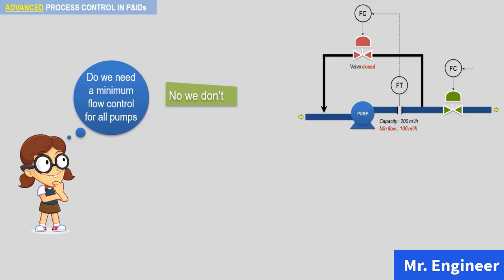For example, small pumps of less than 5 horsepower. They need it, but they are inexpensive, so we don't bother to put an expensive minimum flow control loop on them. Another example is pumps in a circulating closed system. They may not need a minimum flow control loop because the flow in such pumps is fairly constant.